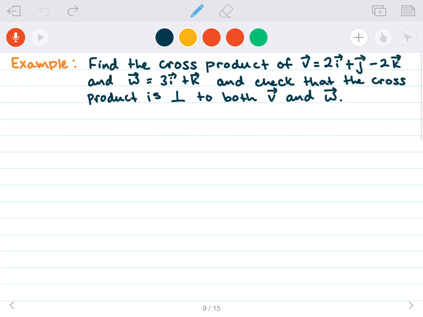So let's go ahead and use an application of it here. Alright, so we want to find the cross product of v and w, and check that the cross product is perpendicular to both v and w. So because my formula has all of these coefficients, I'm going to start by writing those out first. So v1, v2, and v3, and maybe I'll write my formula out at the bottom just so we have it here.